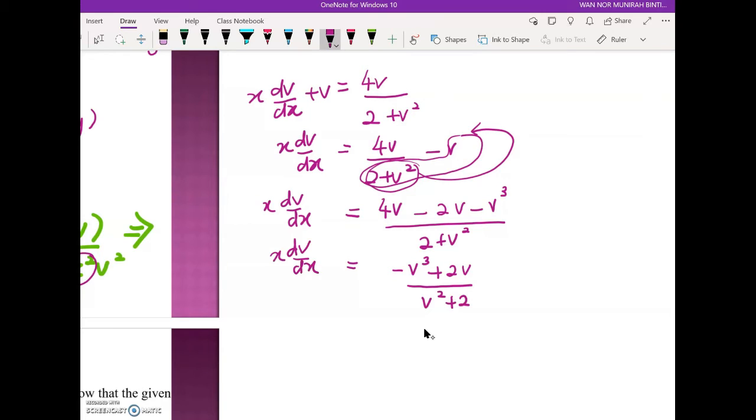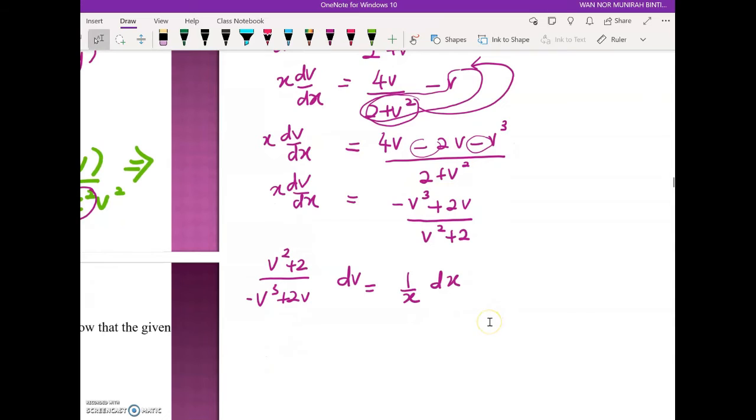I hope my calculation here is correct. So what I have here is 1 over x dx, and then dv times v squared plus 2 over negative v cubed plus 2v.